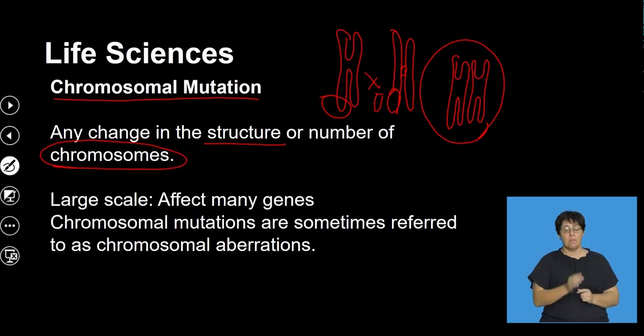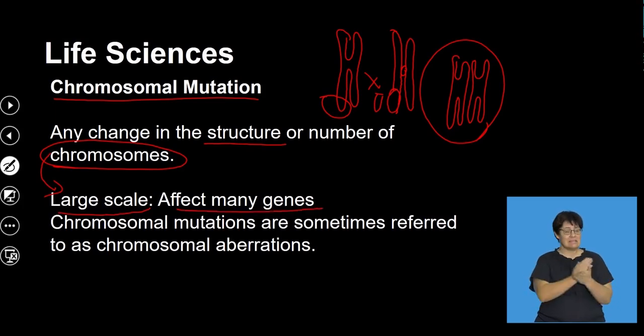It's important for us to recognize that chromosomal mutations occur at a large scale, which means that several genes are affected. If we try and unpack this and refer to this chromosome, it consists of many genes. So if we have a chromosomal mutation, it could affect more than one gene.